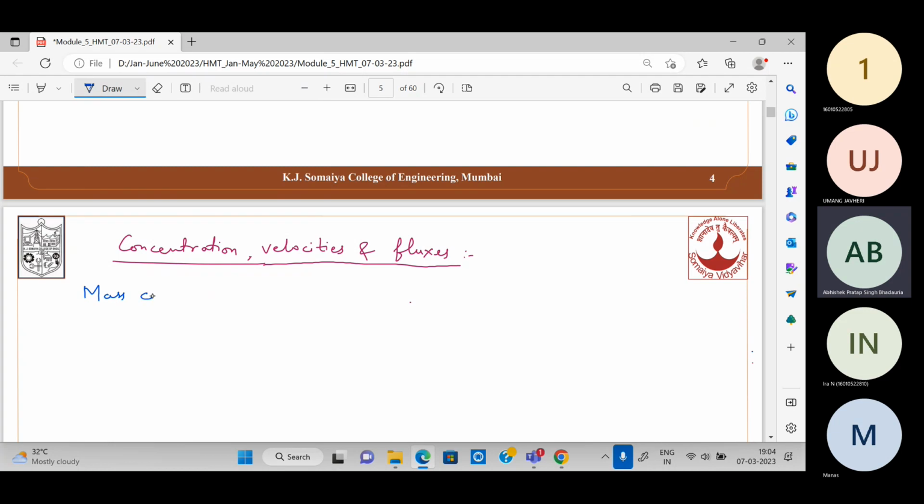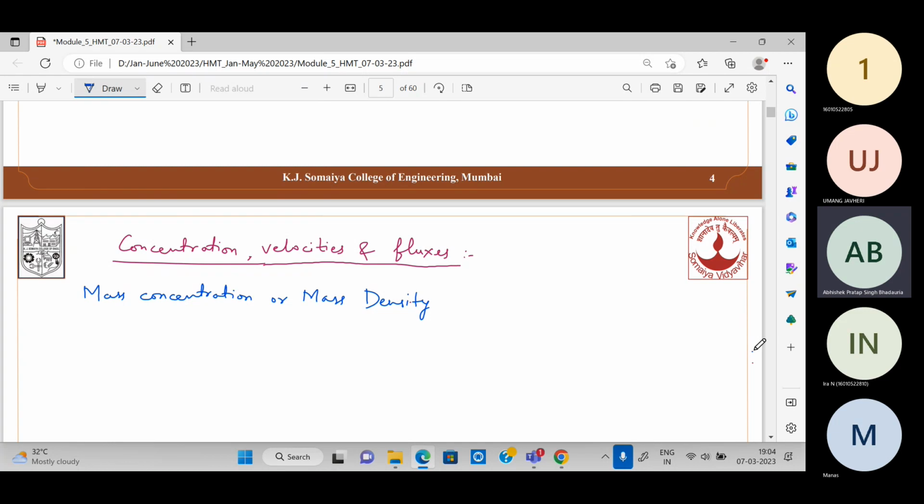The mass concentration or mass density. So what is this?